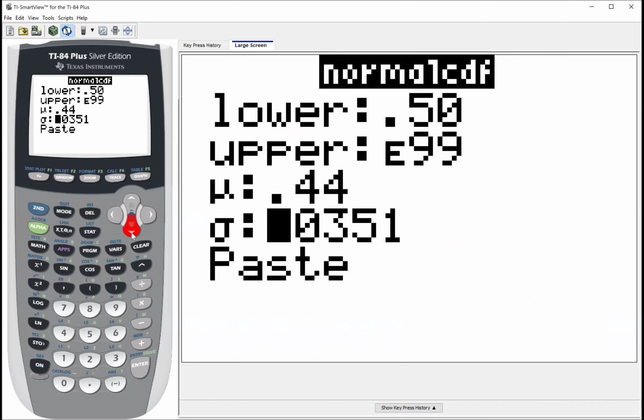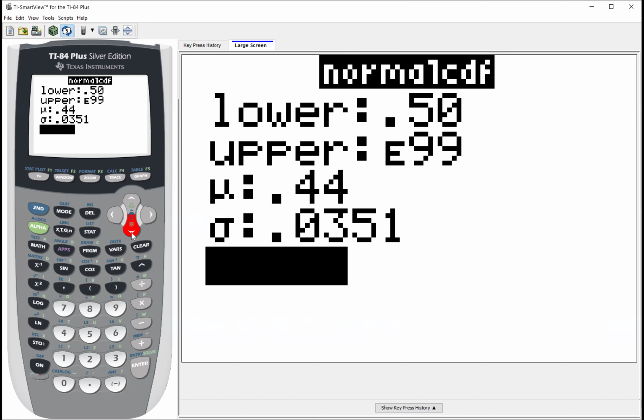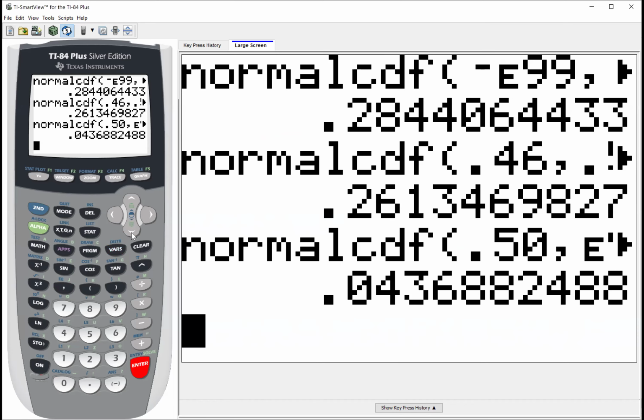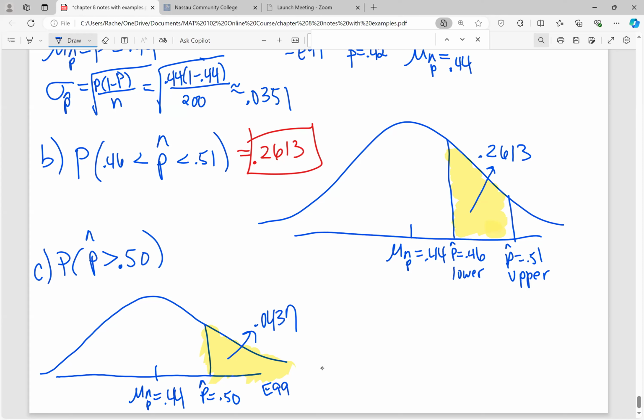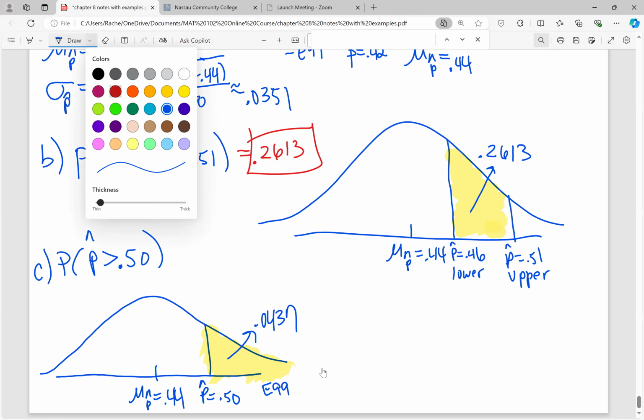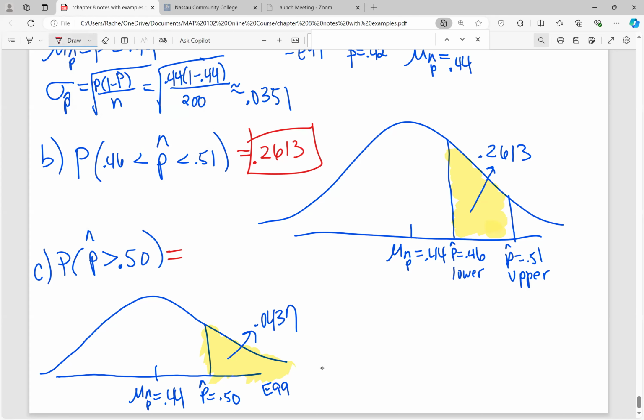The mean is 0.44, and the standard error is 0.0351. And my area under the curve is 0.0437. And that corresponds to the probability that the sample proportion is going to be greater than 50%.